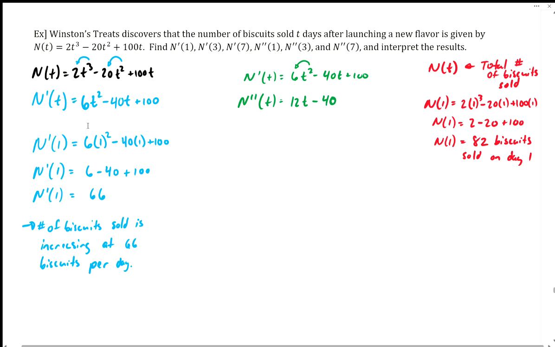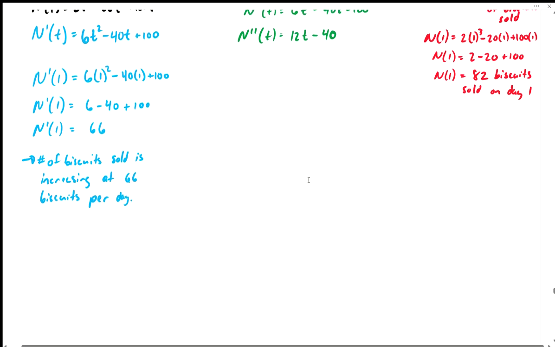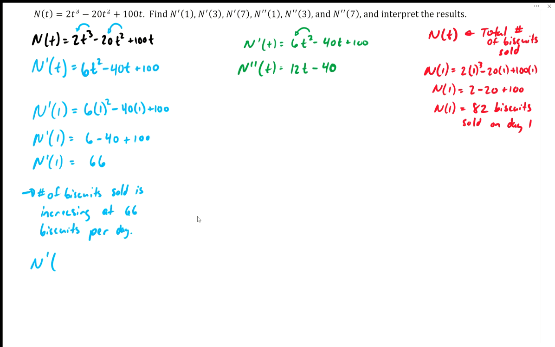So for instance, let's just take care of all the n prime ones right now. So we've got n prime of 3. We're still just using our equation, so I'm back to this one, and I'm starring it so I can use that over again.